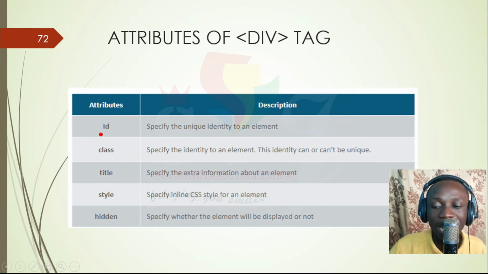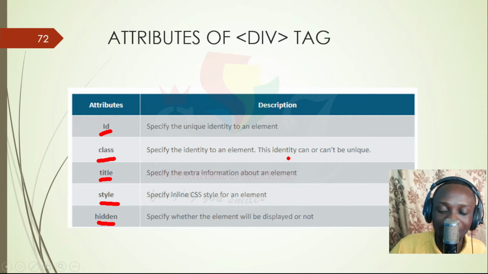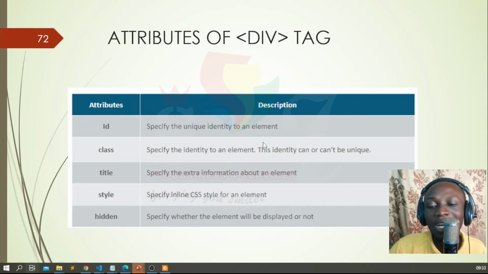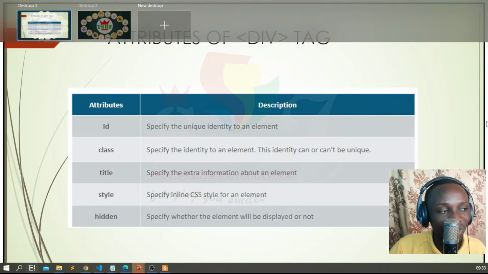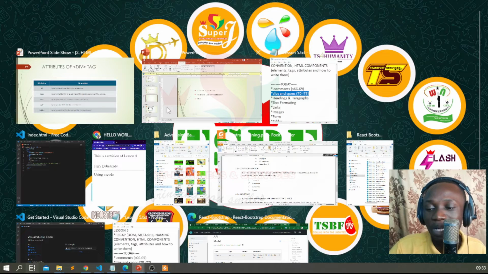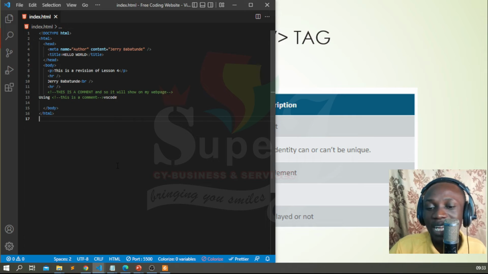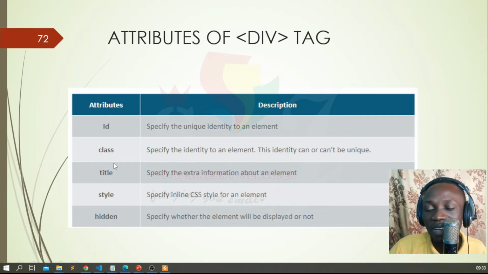So a div can have an ID, a div can have a title, a div can have a style, and a div can have hidden. Now the hidden just says don't show whatever is in this div, or don't show this div. So let's dash onto the code editor so that I will be able to show you what this one actually means in real fact.